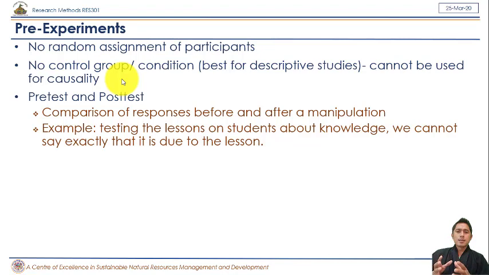So in this case, what we can do is we can first set our group which is infested by bark beetle, and apply 10 kilograms of insecticide per tree.